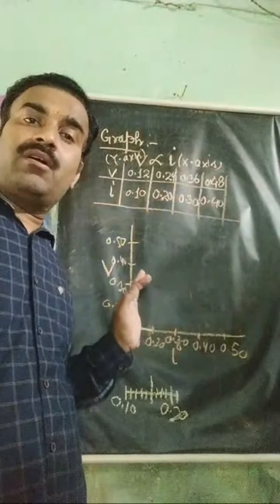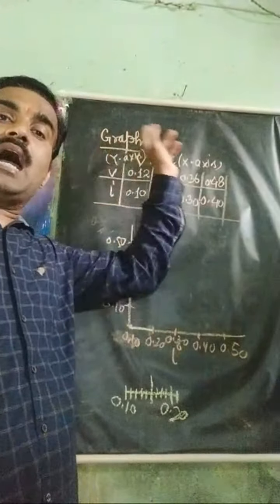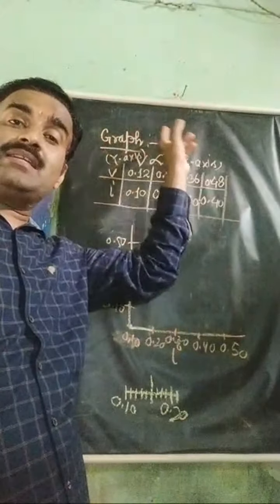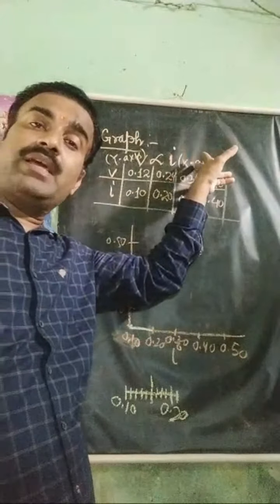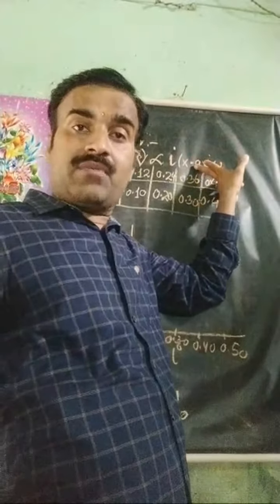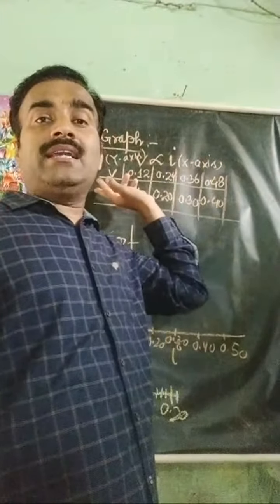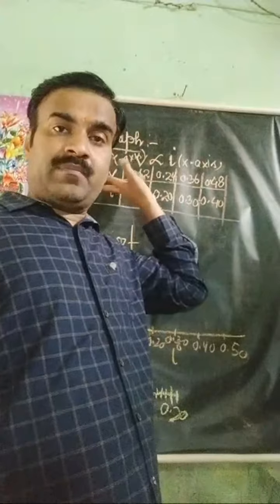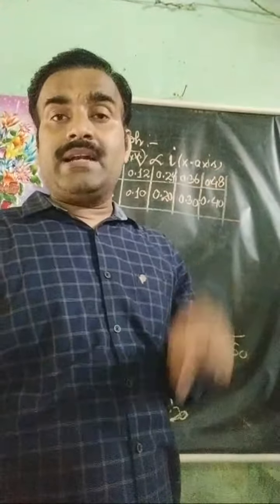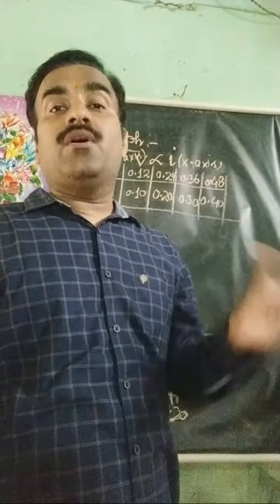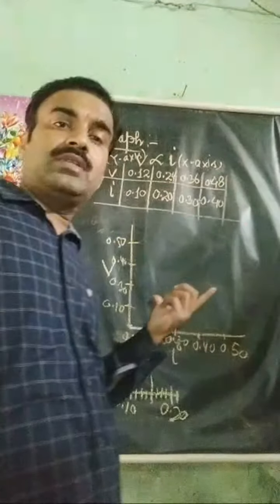This thing I have already explained: since V always depends upon I, that means current will be the independent one while V will be the dependent one. By this way you can find out. Now the dependent one you have to take on the y-axis and the independent one onto the x-axis.